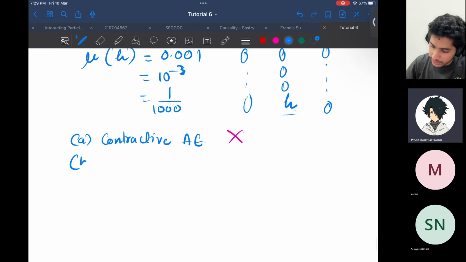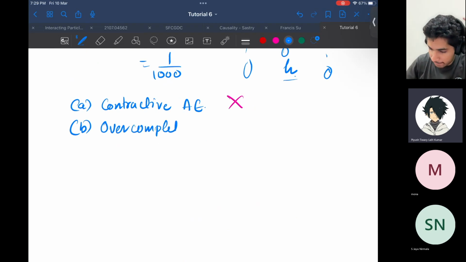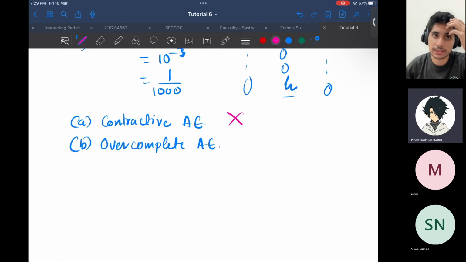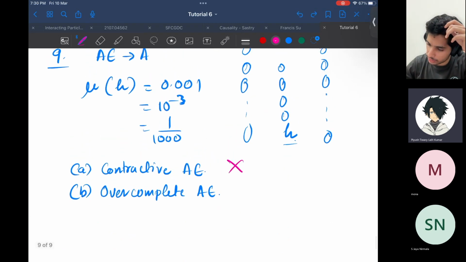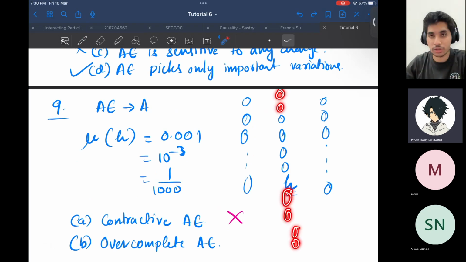So what is the second option? It is the overcomplete autoencoder. Does an overcomplete autoencoder enforce small activations? Let us imagine that this was an overcomplete autoencoder, meaning that there are a lot more neurons in the hidden layer, right?